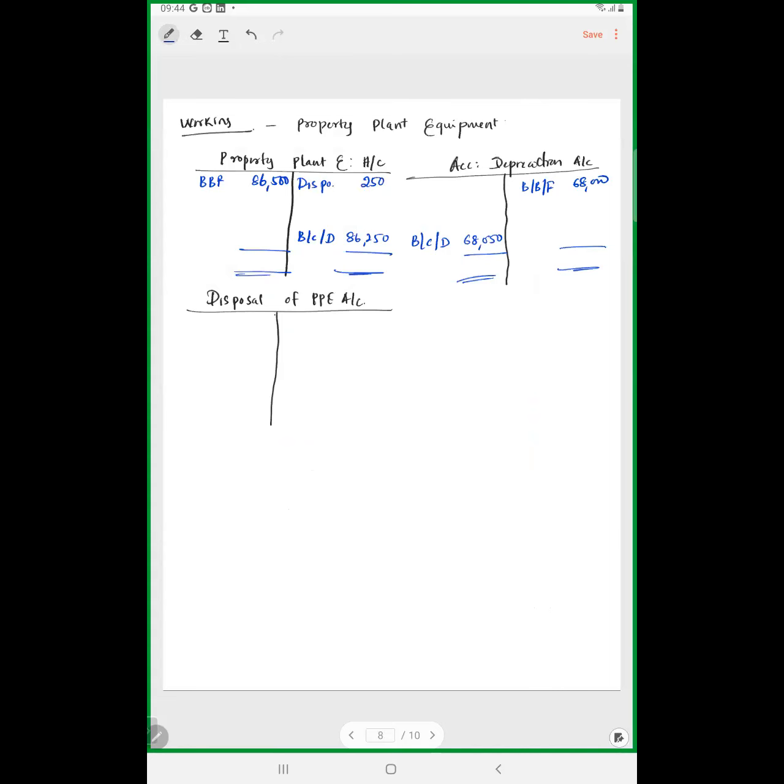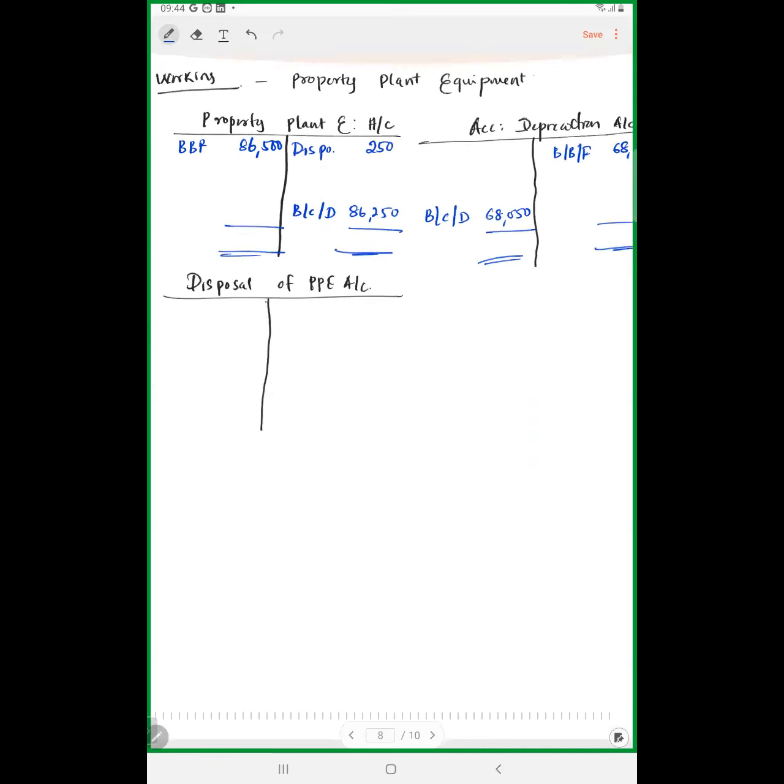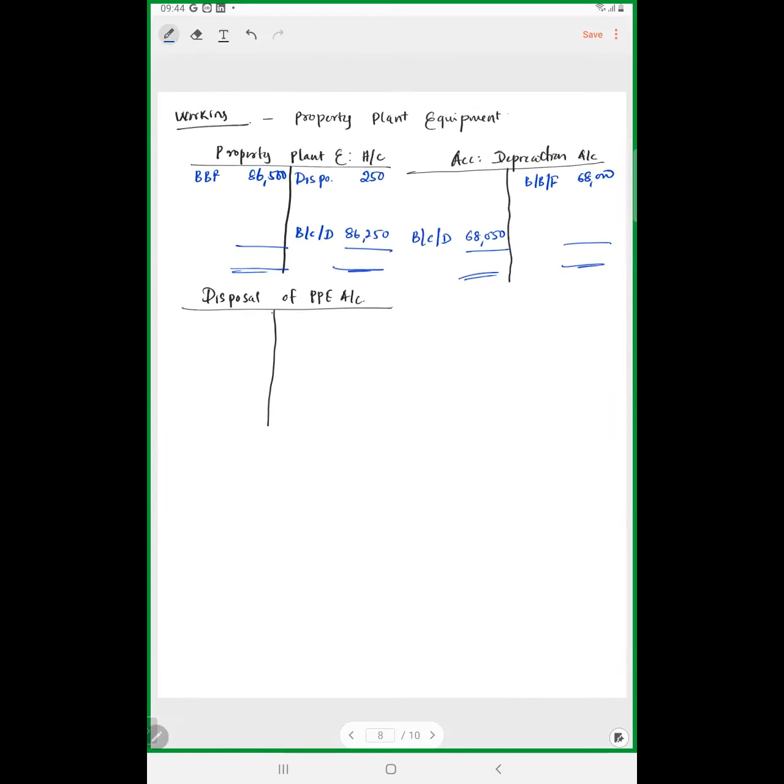So then the disposal, profit and loss, property, plant and equipment: debit disposal account, credit property, plant and equipment account, 250. Now the property, plant and equipment account balance: 86,500 was there, 250 was sold, and the ending is 86,250. So no doubt with the property, plant and equipment account. It means there is no new purchase.